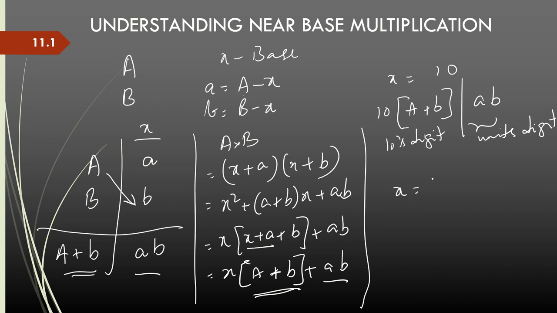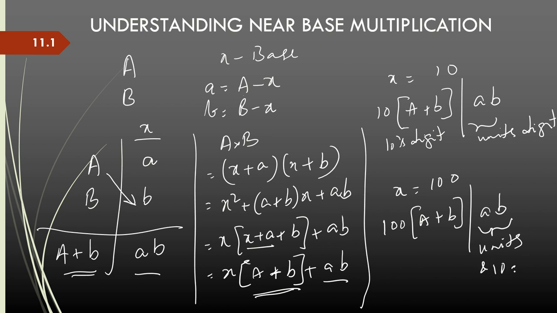Similarly, when x is 100, the left side part will be 100 into (A plus b), and the right side part is now the units and tens digits. So that's why we could allow two digits here and we would pass the rest.